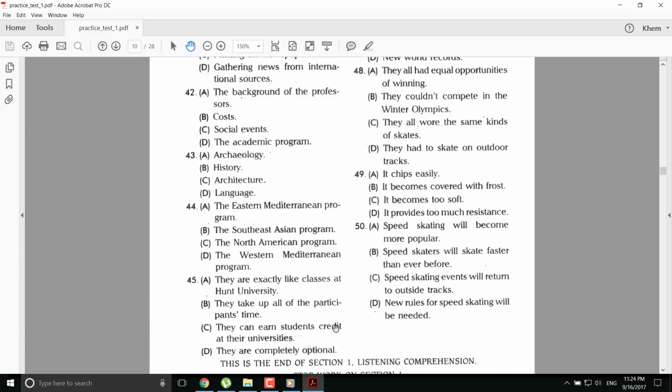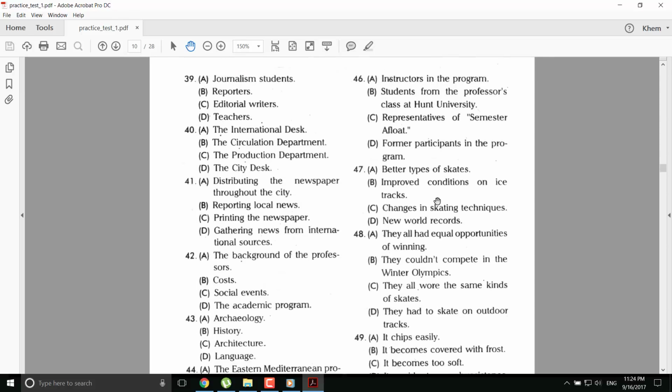With which of these Semester Afloat programs was Professor Mackenzie associated? Number 45. What does Professor Mackenzie say about Semester Afloat classes? Number 46. Whom will Professor Mackenzie introduce to the audience next?